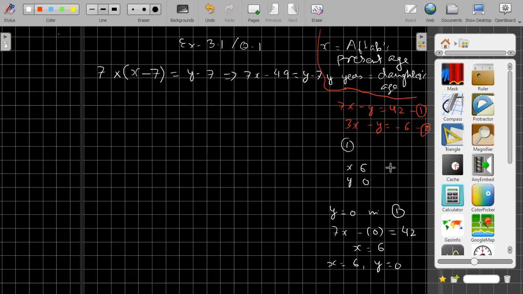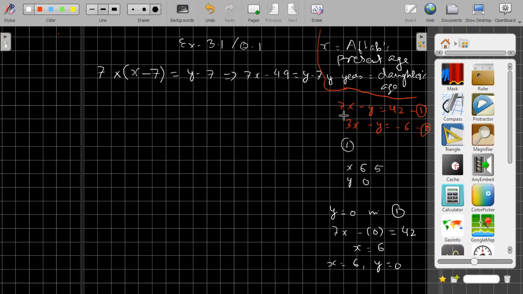Then for the second pair, we can choose any suitable value of x. But if you put x is equal to 0, then y will be minus 42, which will be difficult to draw on this graph. So we can take 4, 5, 6. Suppose we take x is equal to 5.